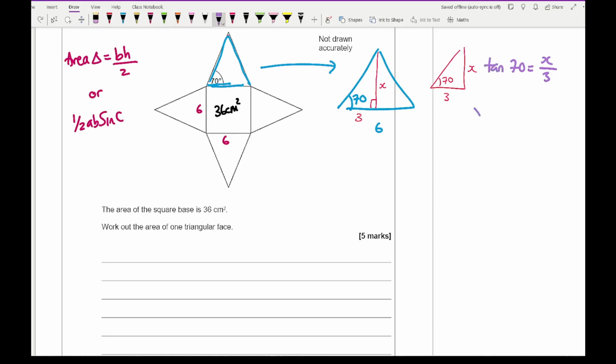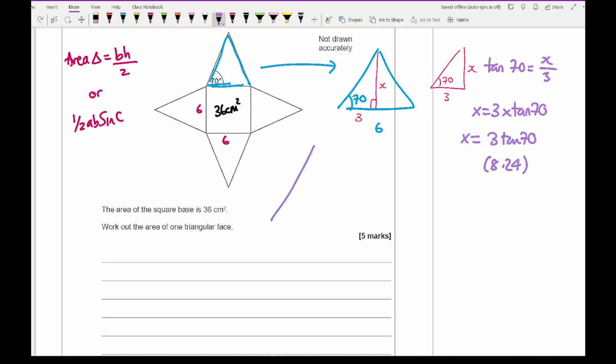And then x equals 3 times tan 70. I'm just going to leave it as 3 tan 70 in exact form, but if I wanted to write it as a decimal, reaching for my calculator, it gives me an answer of 8.24. Now that is the height of one triangle.